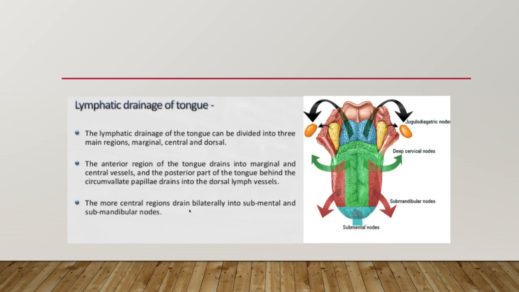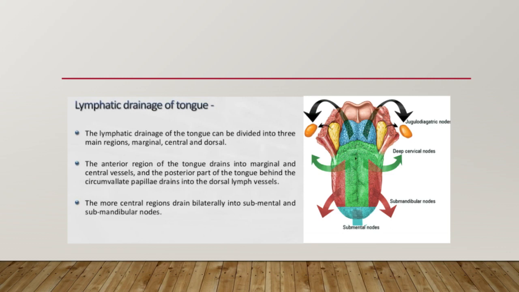The more central region drains bilaterally into the submental nodes. As you can see, it's going to the submandibular lymph nodes on both sides. So, the area of the tongue posterior to the circumvallate papillae drains into the jugulodigastric nodes.